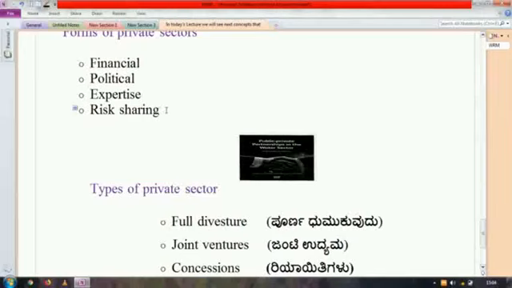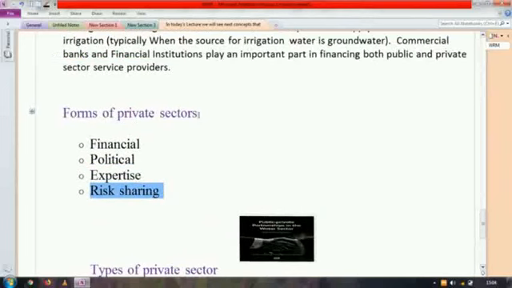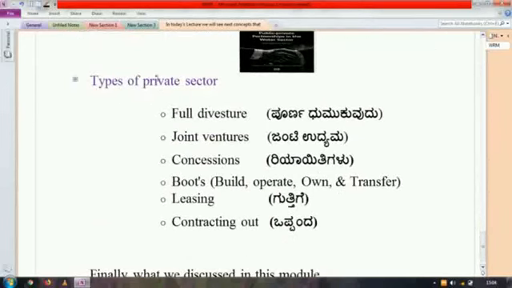If something goes wrong, then there will be a lot of risk. So risk sharing is one of the aspects of forms of private sector. Then types of private sector. The types are full divestiture, joint ventures, then concessions, BOOT, build, operate, own and transfer, and leasing. The last one is contracting out.